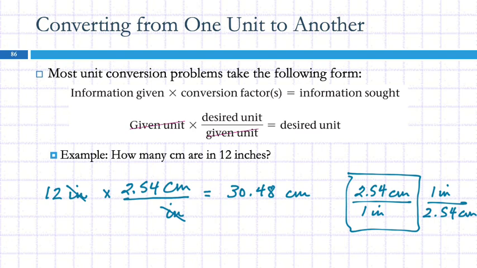We're going to sneak sig fig review in all over the place. How many sig figs should that answer have? 2. So this conversion is exact. So how many sig figs does 12 inches have? 2. It kind of looks like an exact number, right? Because it's a whole number.